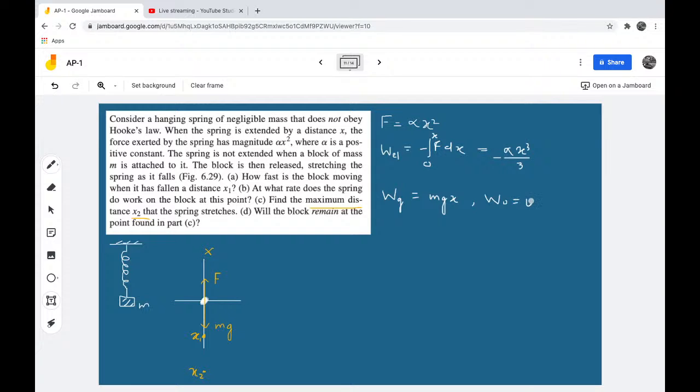So the total work done, you can apply the work kinetic energy theorem.